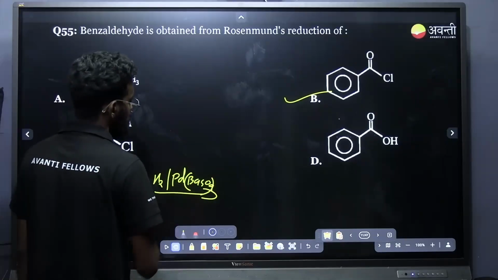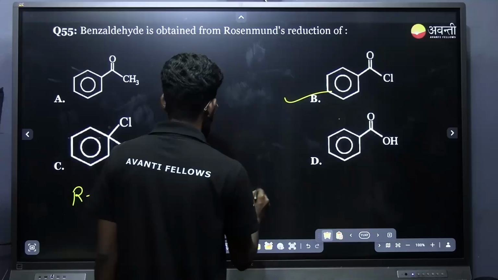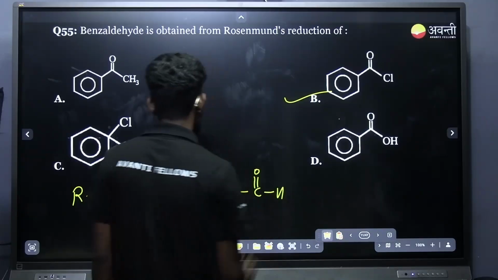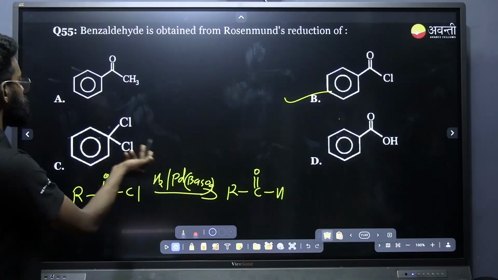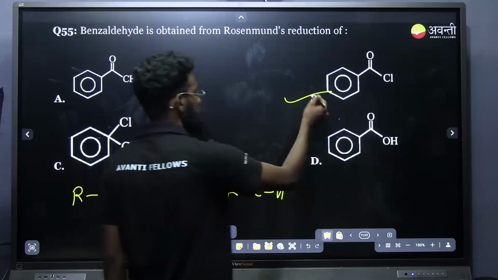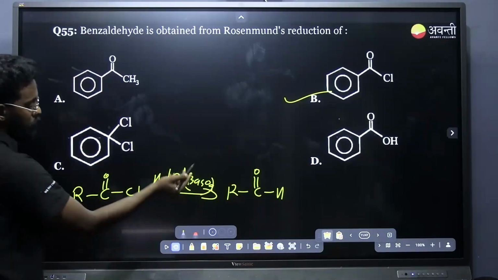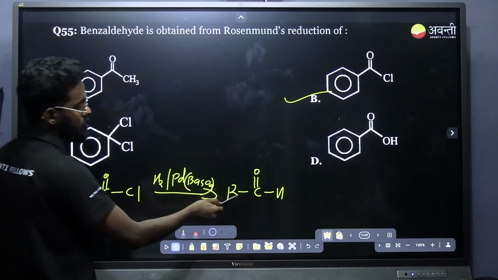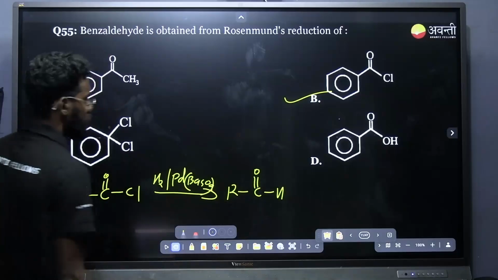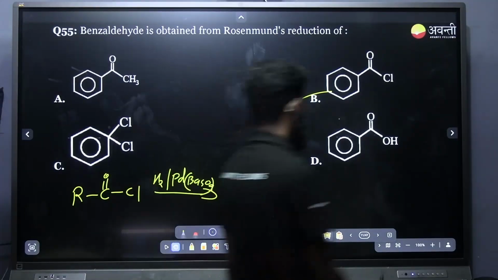BaSO4 is acting as a poison, and we will get RCHO, the aldehyde. Among these, only the acid chloride is option B. Remember that BaSO4 is a poison. What it does is prevent the further reduction of aldehyde to alcohol. Shall I move to the next question?